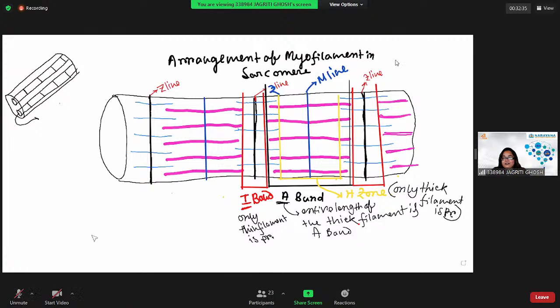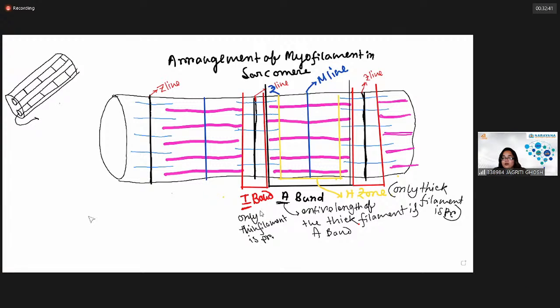Okay, fine. So my question was, is the A band inside the H zone, or is the H zone inside the A band? Anisha has understood very clearly. I am repeating again for Nikita: is the A band inside the H zone or is the H zone inside the A band?